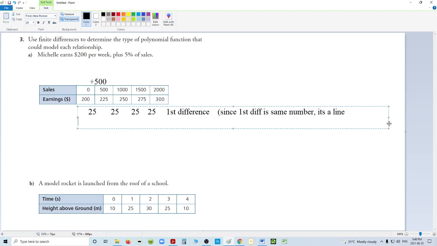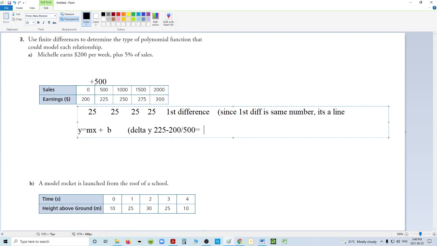And we can now figure out what kind of line that is. mx plus b is the formula. Can we figure out the m? Yeah, delta y. So let's take 225 minus 200 divided by the same delta x, 500 minus 0.